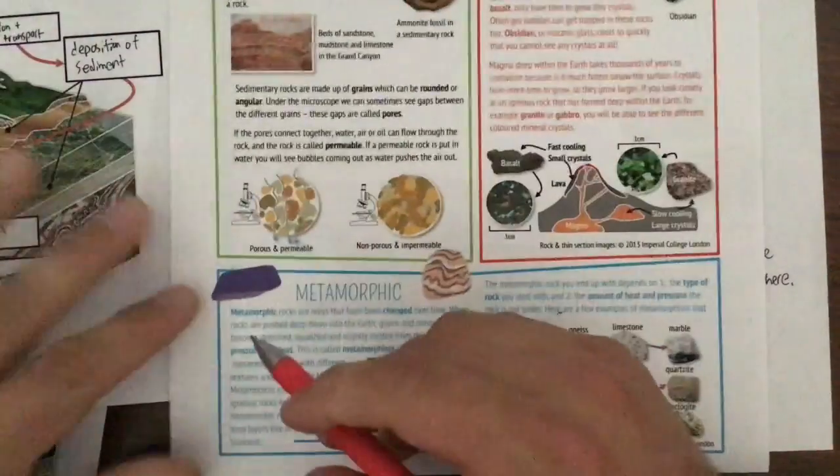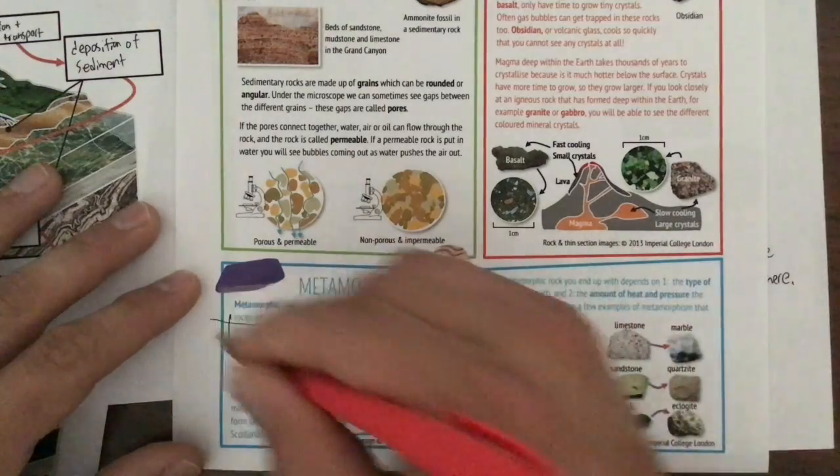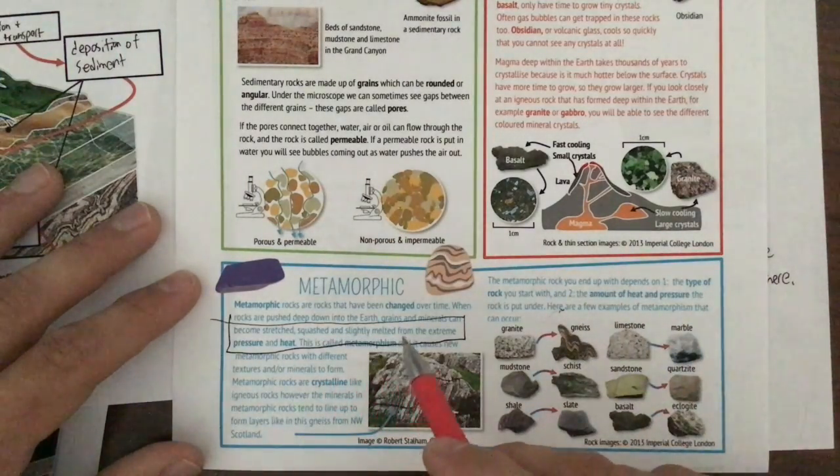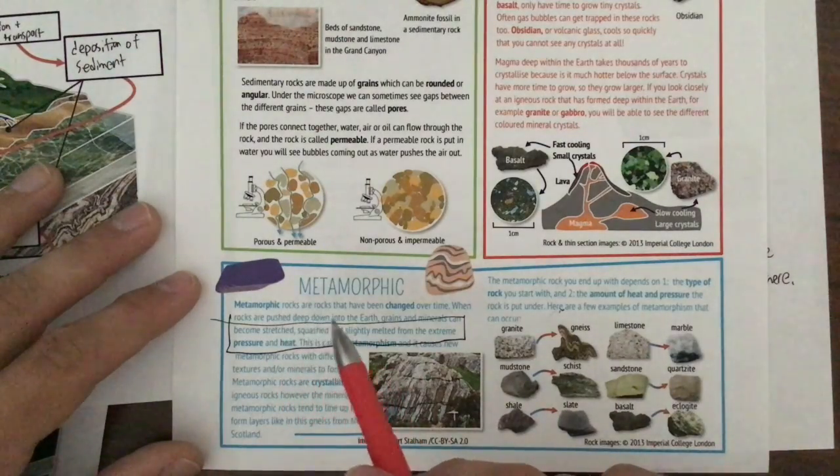Boom. And where did I find that, guys? I found it right here: squashed and slightly melted from the extreme pressure and heat. That's how rocks turn into metamorphic rock.